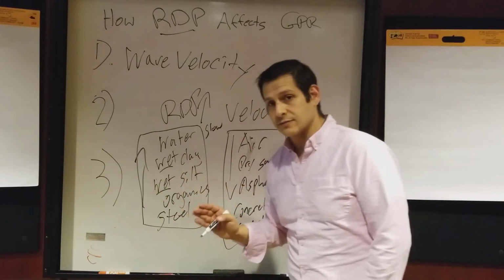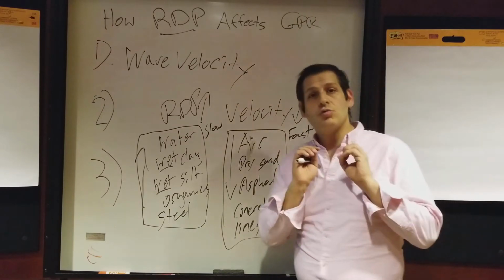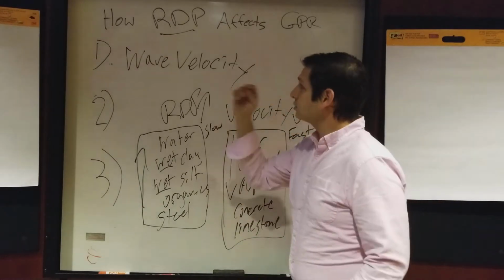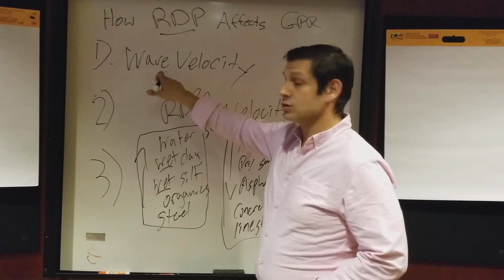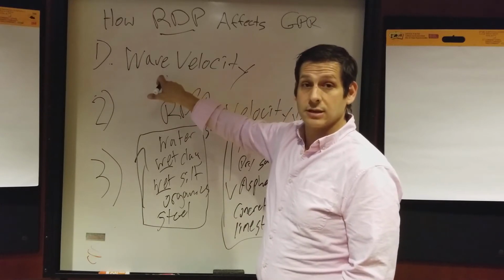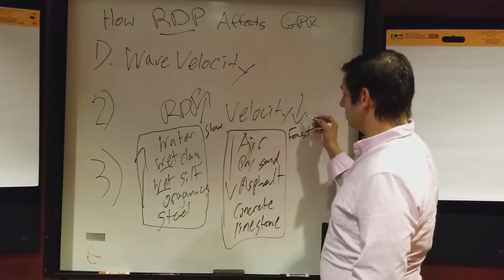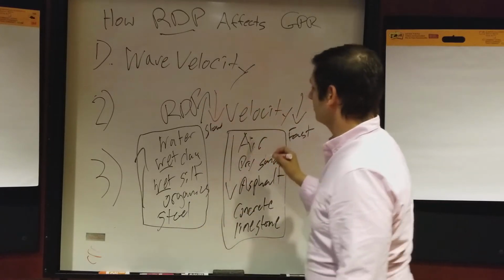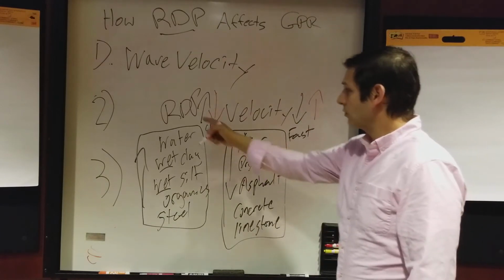In air, dry sand, asphalt, concrete, and limestone, you have fast moving waves. So that's the first way that RDP affects GPR, and that's the way that's most commonly known. As RDP goes up, velocity goes down. As RDP goes down, velocity goes up. So that's the difference.